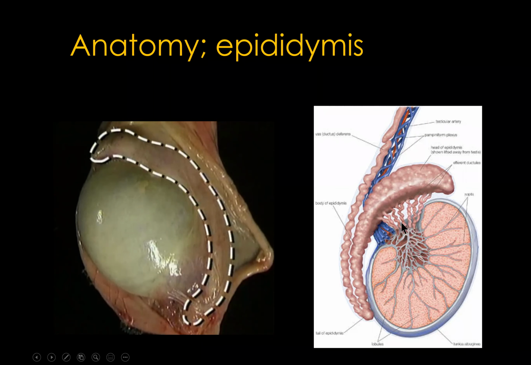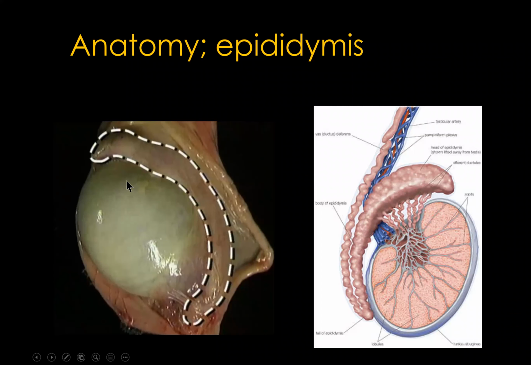These ducts join together to form a single convoluted duct. The ductus epididymis has a very tortuous route from the head to the tail of the epididymis, where it exits into the spermatic cord. The duct is called the vas deferens, and it emerges from the tail of the epididymis. This vas deferens exits the scrotum as part of the spermatic cord.